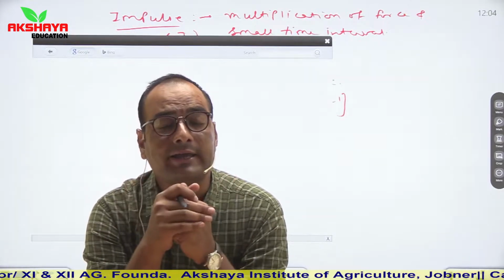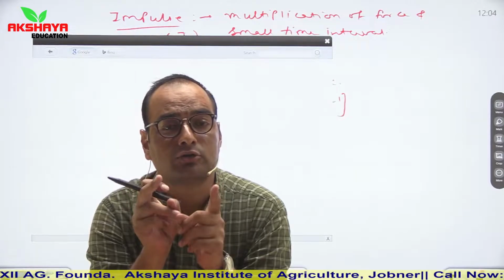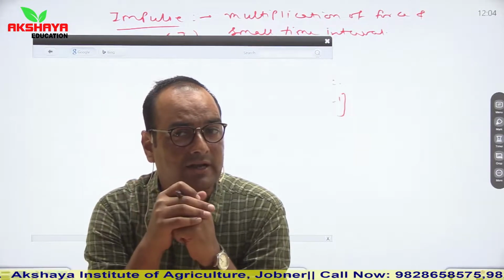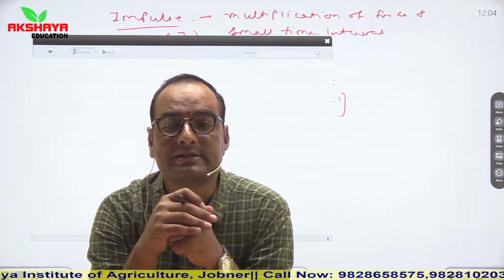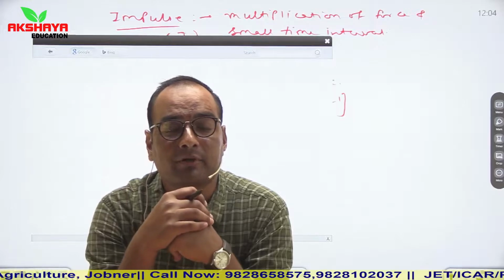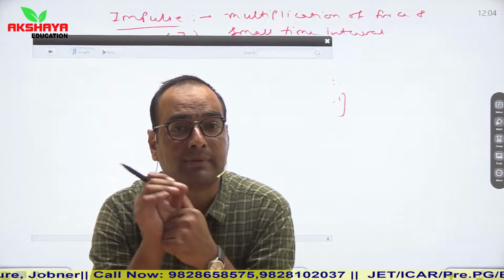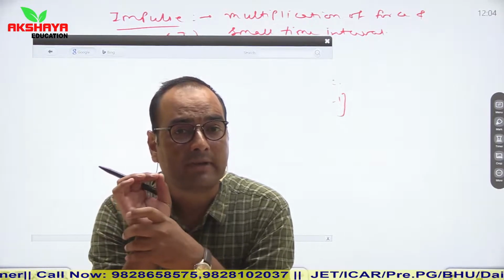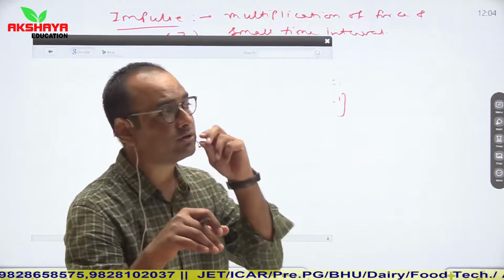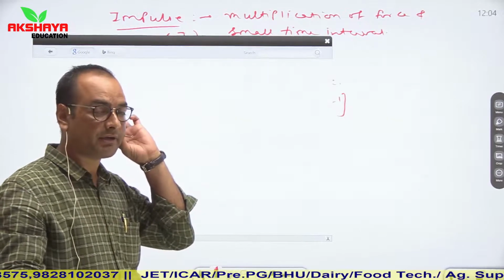So here impulse is caused by the bat on the ball. This is one example. Next example, whenever a player kicks a football, the force exerted by that player on the football is of large magnitude and it is applied for a small time period. So it is also an example of impulse.